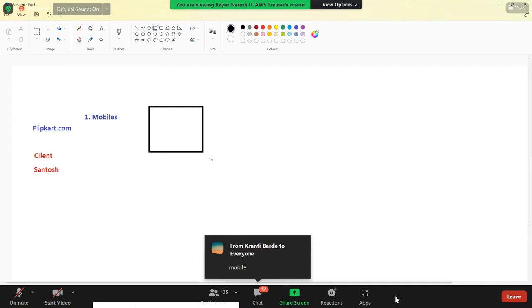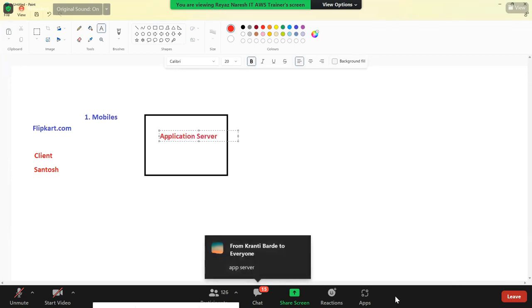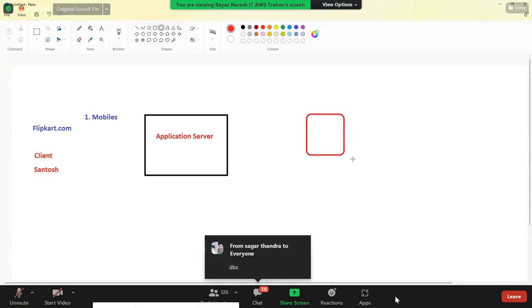Whenever he searches for mobiles, the first request will go to where? Remember the application server, no? It goes to the app server at the back end. From the app server, it goes to the DB server. Yes or no?